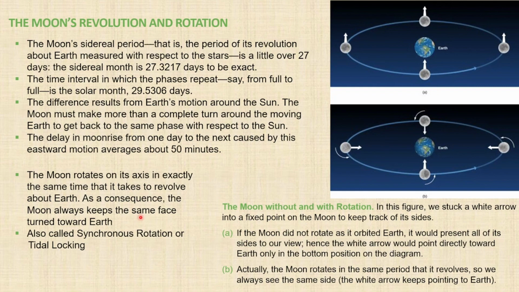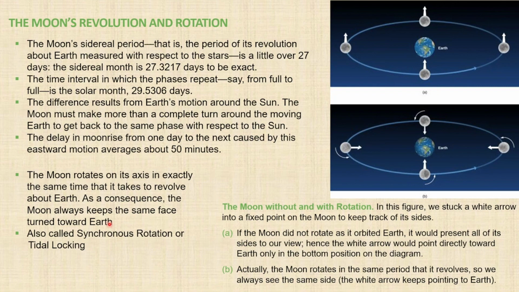And because of the rotation of the Earth, remember, our sun is not fixed with respect to the whole galaxy. But within our solar system, we can consider the sun to be at a fixed reference point, and as Earth goes around it, the moon goes around the Earth at the same time. So as Earth moves ahead, the rise and set time of the moon can change by about 50 minutes every day.